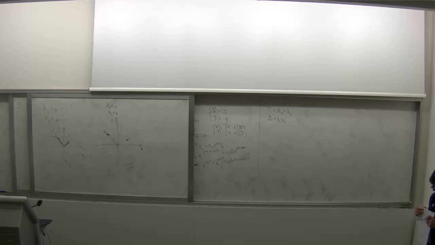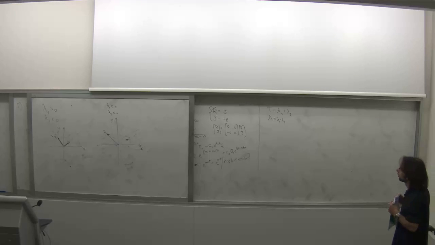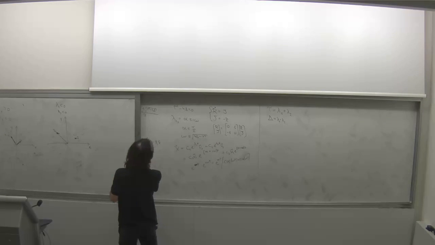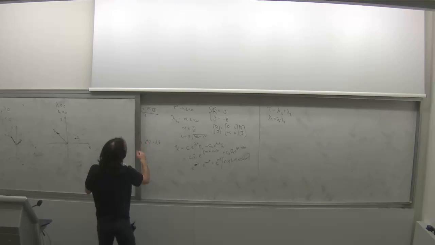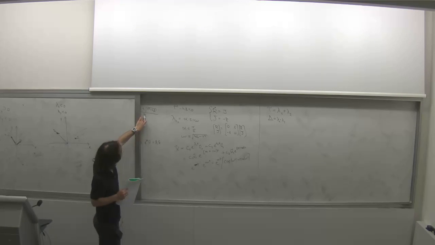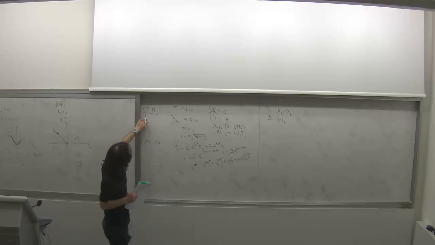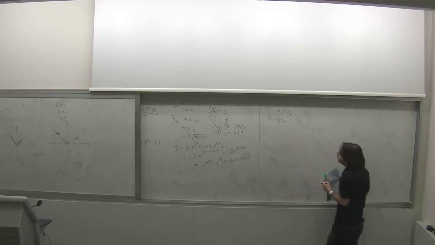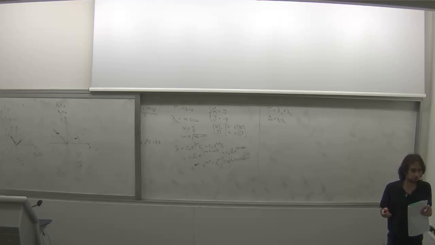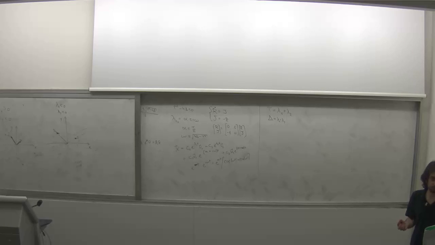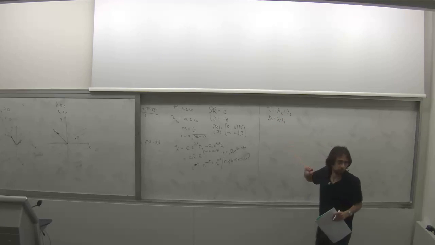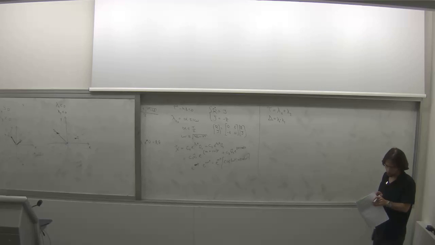Yeah, these are the trace and determinant. This quadratic formula can show you that this is true. So we would like to create a classification of the fixed point at the origin based on the trace and determinant of the matrix.